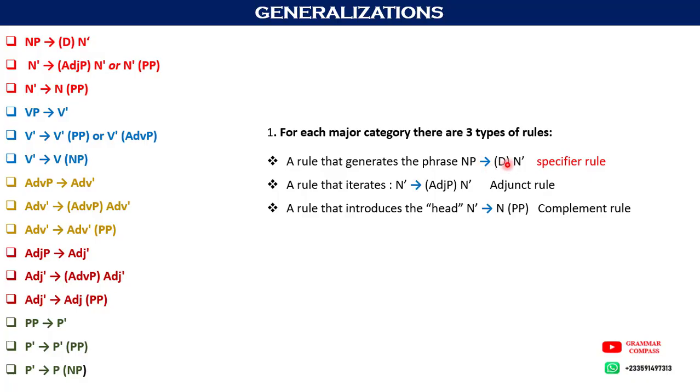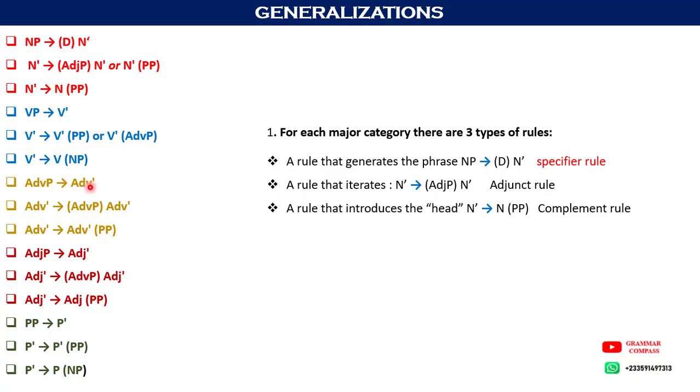So in the noun phrase, the specifier rule introduces the determiner. So the determiner is the specifier in the noun phrase. In the verb phrase, the first one is the specifier rule. The verb phrase doesn't have any determiners, so we don't have a determiner as a specifier. That's why you see only the V bar. Now in the adverb phrase, here is the specifier rule, the AdV bar.